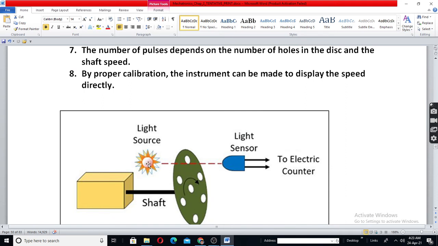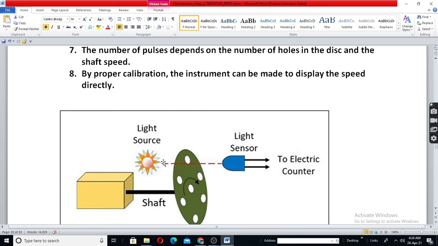Sometimes the source and sensor both can be placed at the same side. Here, source is at one place and sensor is at another place of the disk. Sometimes, say source is here and sensor is here.